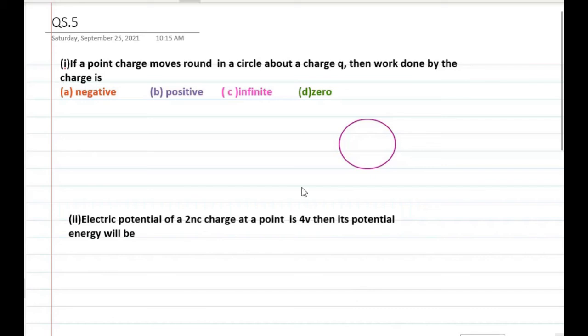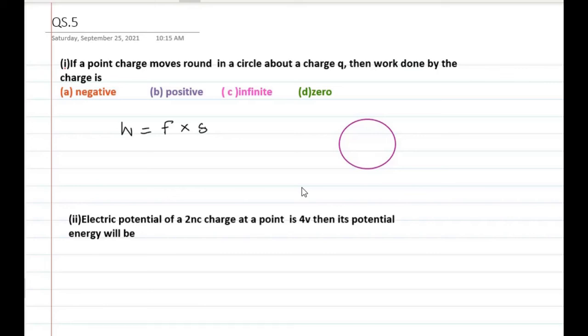Okay, next: if a point charge moves around in a circle about a charge Q, then what is the work done by the charge? We know work done is equal to force into the distance moved, that is the displacement.